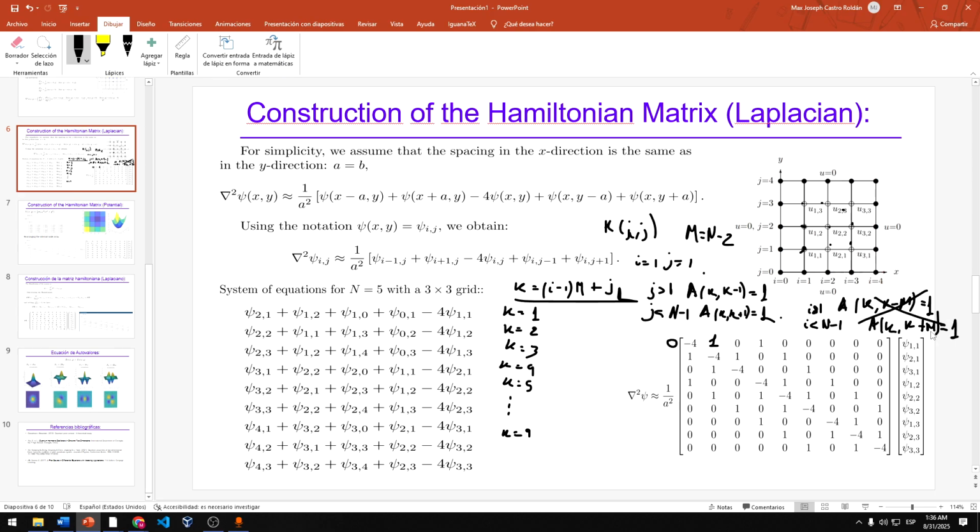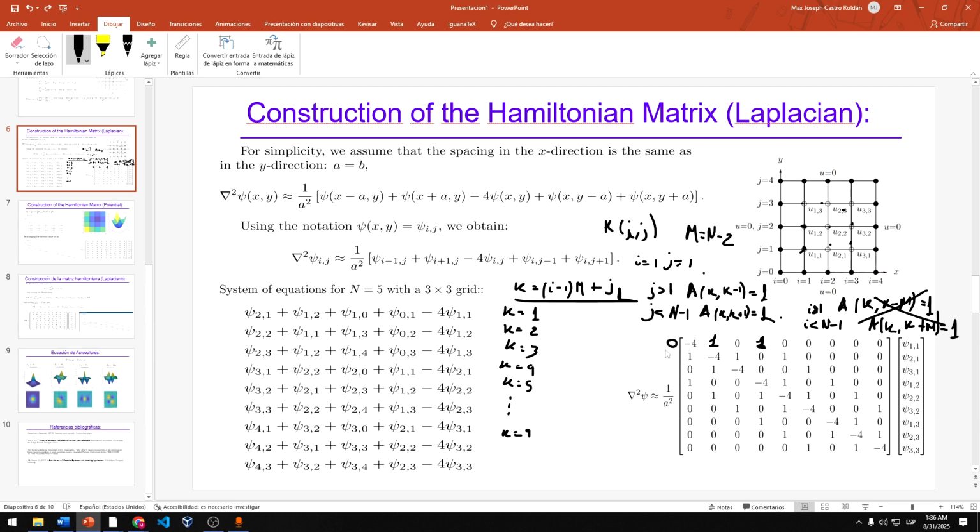En este caso sí se cumple, K más M sería 4, o sea, A 1,4 sería 1. Y ya tenemos este vector fila.